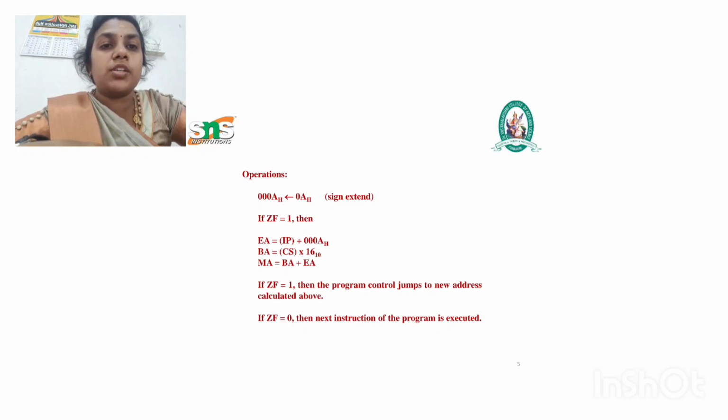The relative address 000AH is sign extended. If ZF, the zero flag, equals 1, then the program control jumps to the new address calculated above. If the zero flag equals 0, then the next instruction of the program is executed.